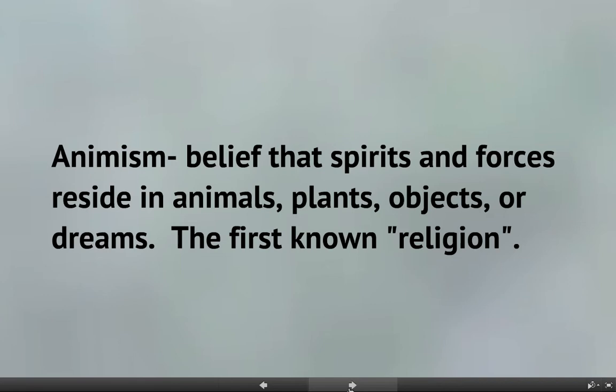The idea that there are spirits in the water, in the rivers, the mountains, in the animals, in the plants. Right? This is animism. These were the first types of religions that were developed around the world. Religions eventually become more complex, with gods and different things like that. But at first, most people believed in something similar to this, right? That spirits and forces reside in animals, plants, or objects.